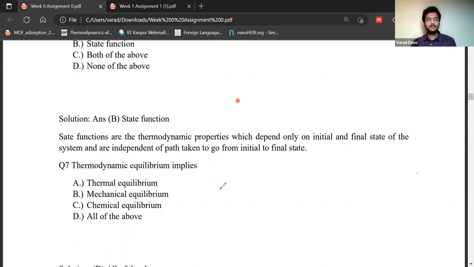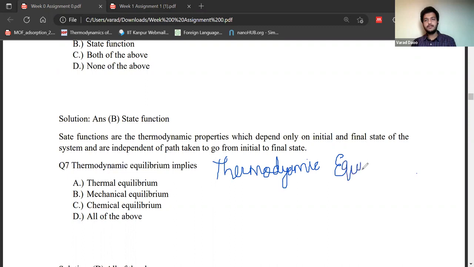So we know that thermodynamic equilibrium means change in temperature has to be 0, change in pressure has to be 0, and change in chemical potential has to be 0.